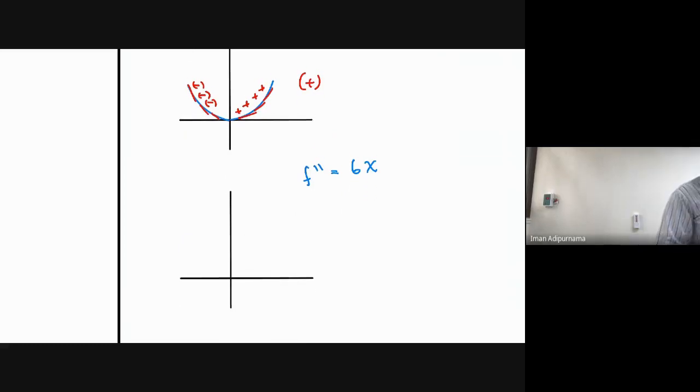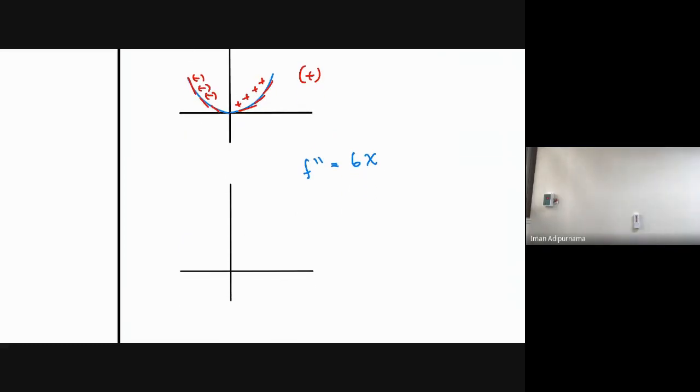And the second derivative, the linear, is from negative to positive.